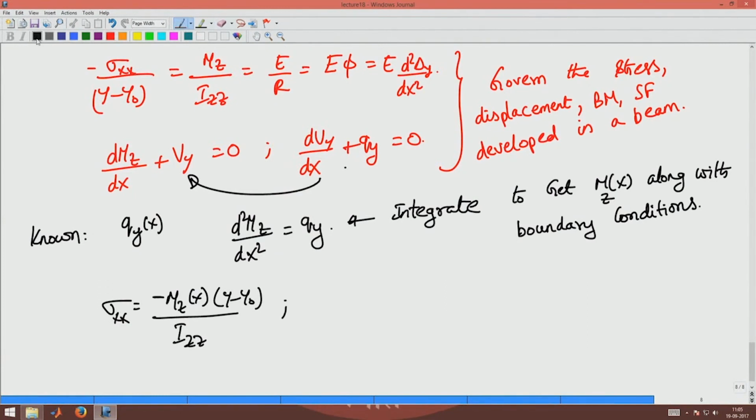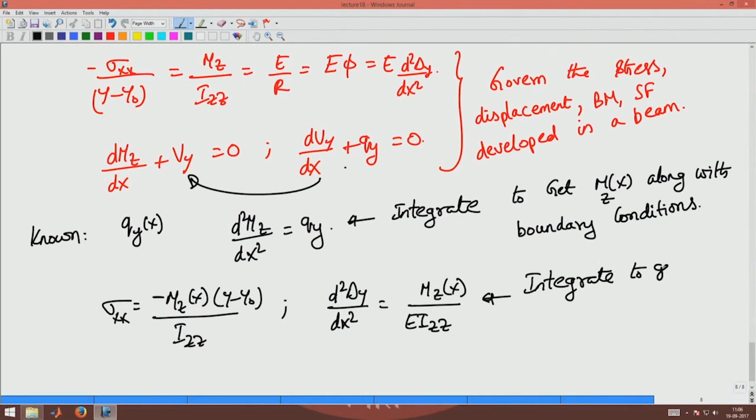that gives you the sigma xx stress. Then you use the final equation to get d square delta y by dx square as Mz divided by E times Izz of x. Now, you integrate this to get delta y along with the boundary conditions.